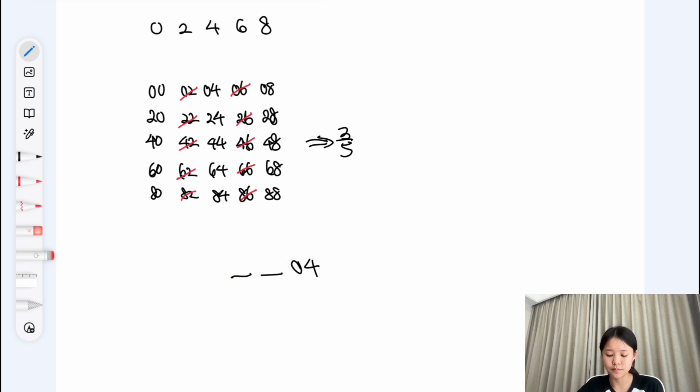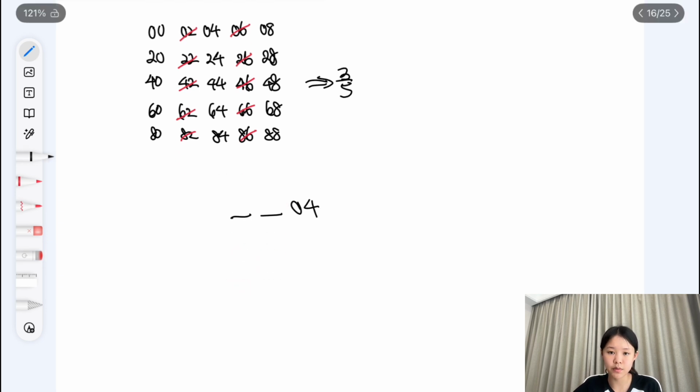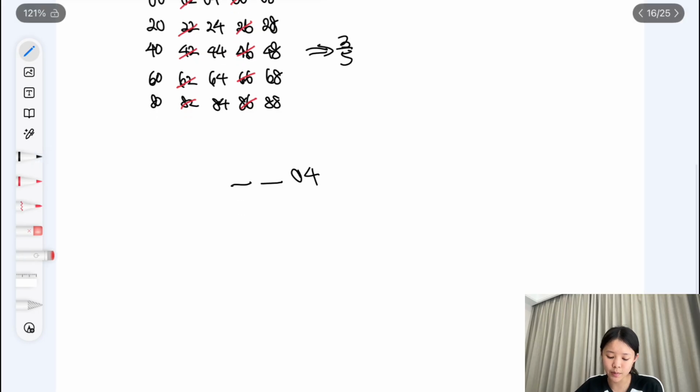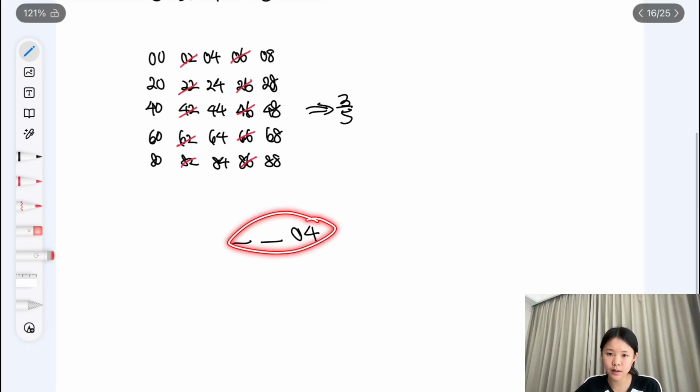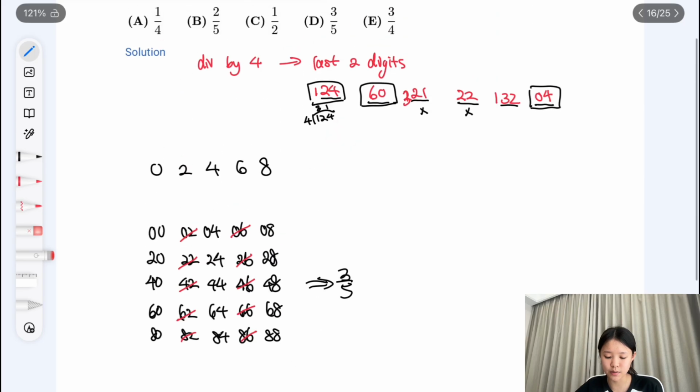However, that's not completely necessary for this problem because it's asking what fraction of these are divisible by 4. So you think of these first 2 digits as not really changing, because regardless of whether or not your last digits are divisible by 4, the combinations of the first 2 digits are going to be the same across all the 4-digit integers. So we don't need to calculate that, and we can just take 3 over 5 as the final answer.